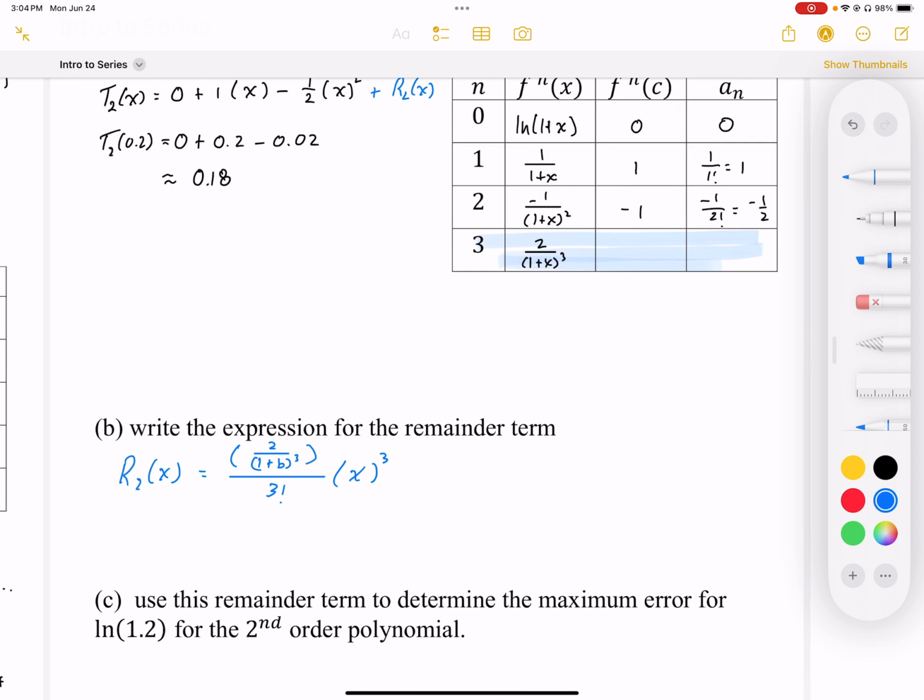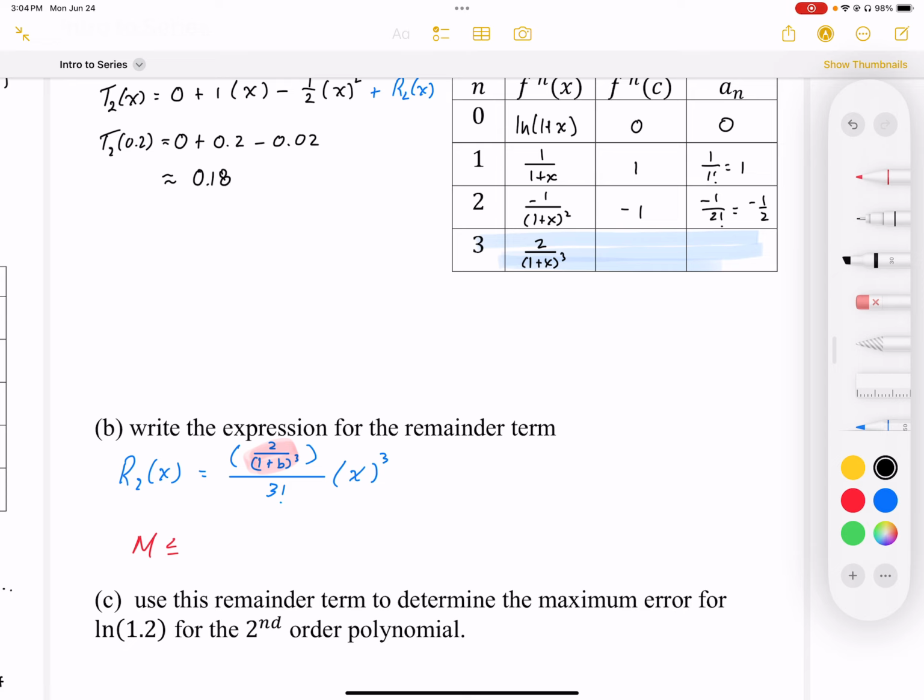So this is what the expression for the remainder term is going to look like. So we want to maximize the error. So what we need to do is find the maximum value, M, and we know that's going to be less than or equal to. When we take a look at the maximum value, we're looking at maximizing this term here. And the b value that will maximize that term is going to be when b is equal to 0.